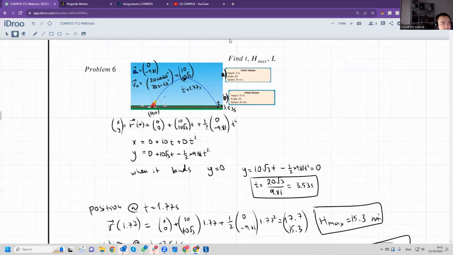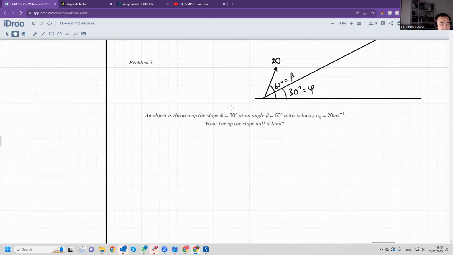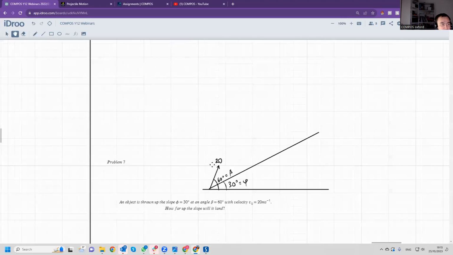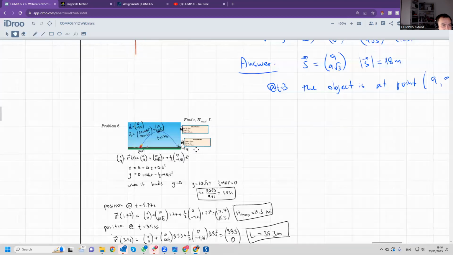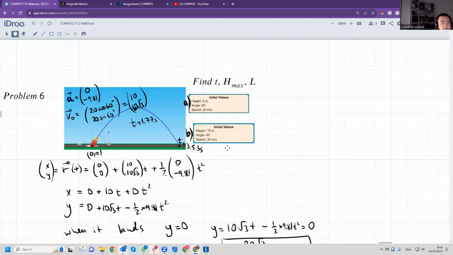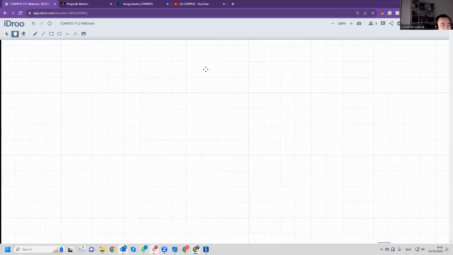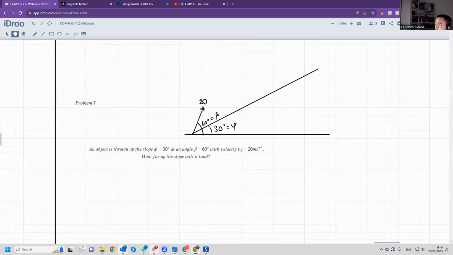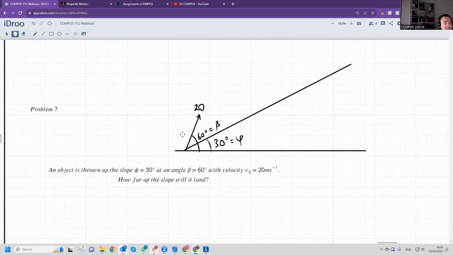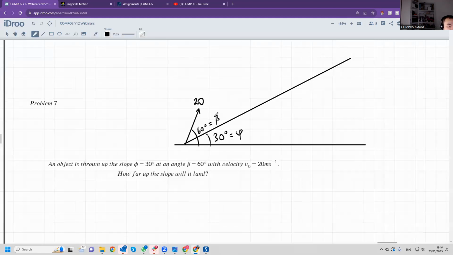We have time to do one problem. Tell me whether you'd like to do problem 7 or problem 6b. 6b is another one with different parameters, and we'll do problem 7. An object is thrown up the slope at an angle of 60 degrees with velocity 20.